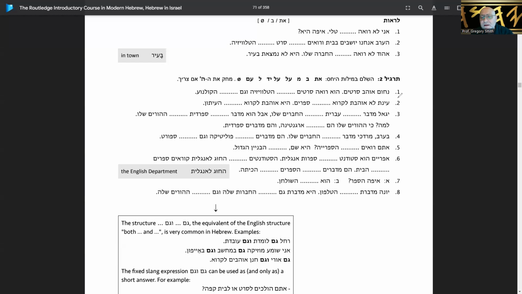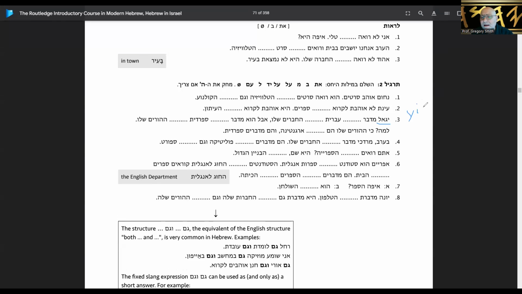Okay, so let's take a look at this. This is Yigal, I think. Y-I-G-A-L. Yigal. Medaber, and that's speaking. Yigal is speaking, let's see. And this is Ivrit, so it's Hebrew. So what goes in there?